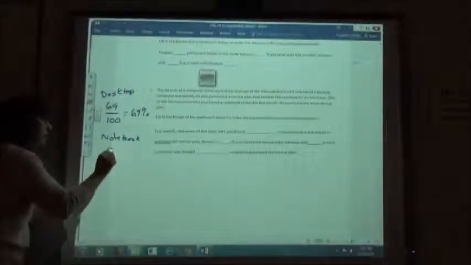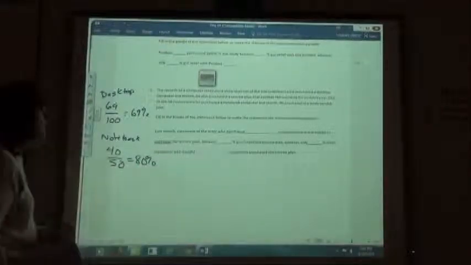That was for the desktop. So we know that's 69% of the desktop. For my notebook computer, 40 out of the 50 purchased the plan. So 40 out of 50 is what percent? 80.